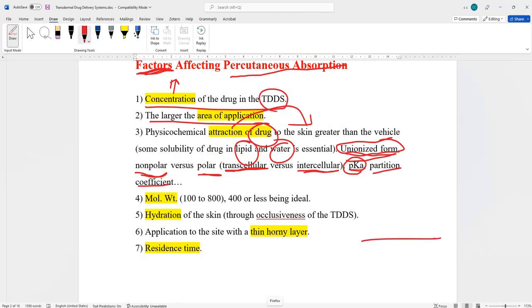Now this is the patch. Let's suppose this is the patch and the skin is here. This backing area, made from polypropylene and polyethylene, protects the patch, and it also prevents moisture from evaporating from the skin, and this will hydrate the skin.